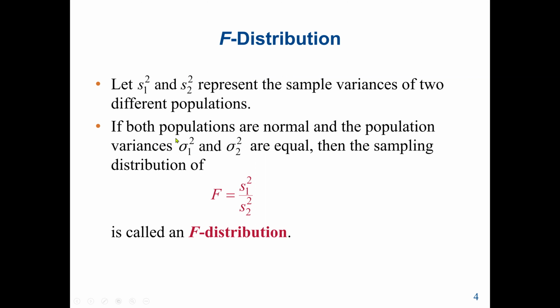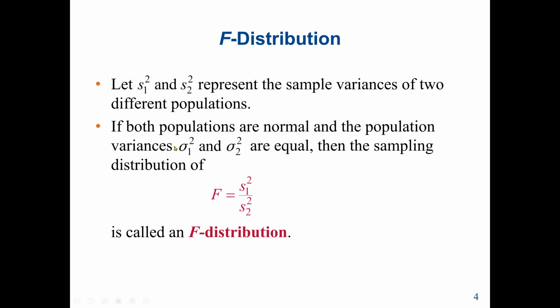Now, if both populations are normal and the population variances are equal, then the sampling distribution of F is equal to S1 squared divided by S2 squared, where S1 squared is the sample variance for the first population and S2 squared is the sample variance for the second population.